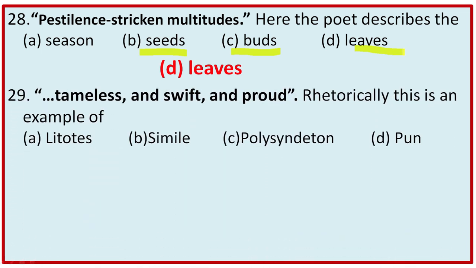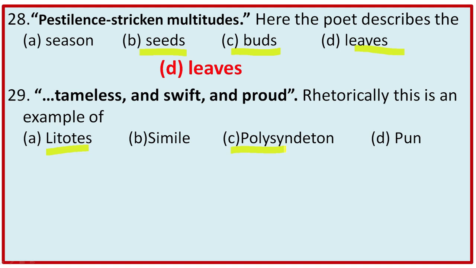Next, 29. Tameless and swift and proud. Rhetorically, this is an example of, the options are litotes. In a litotes, a strong affirmation is made by denying the contrary. For example, he is a citizen of no mean city. Simile means an explicit comparison. The girl is like a rose. Polysyndeton.